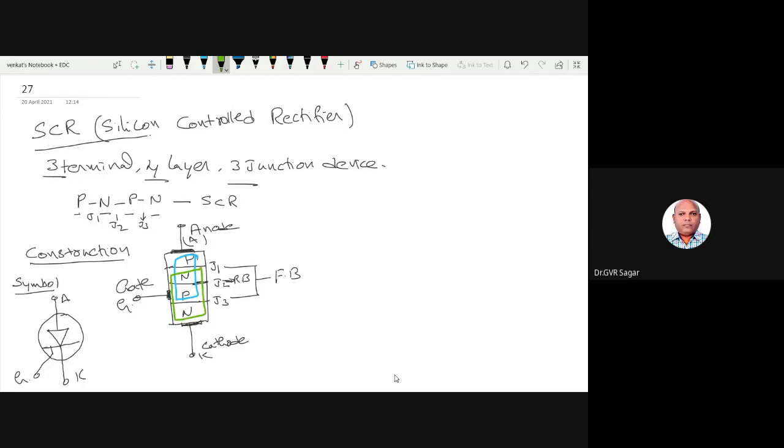The blue color here indicates the PNP transistor, and the green color indicates the NPN transistor. These two are clubbed together. How to club these two so that an SCR is formed?